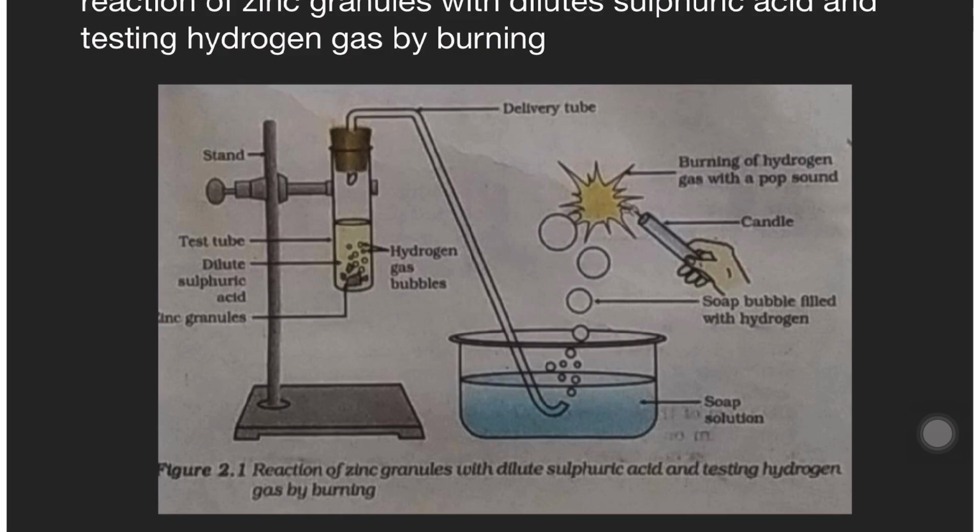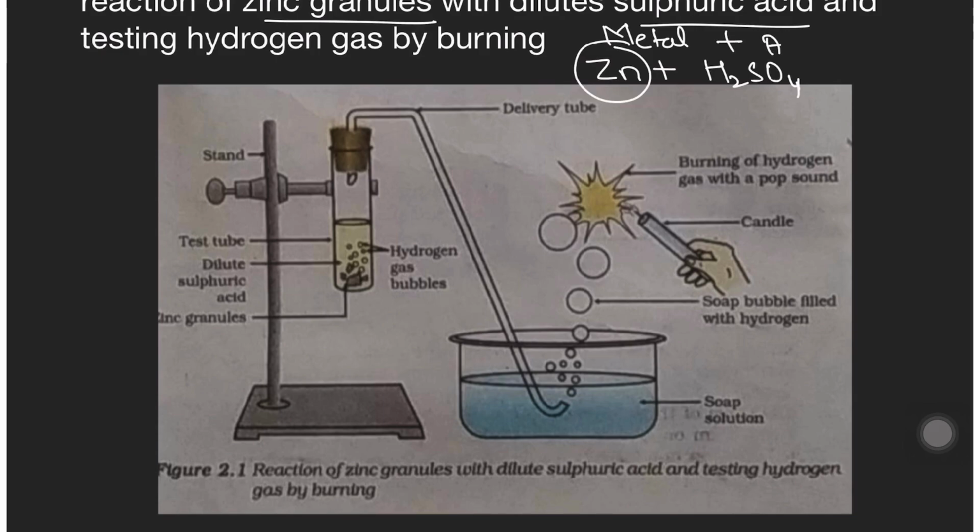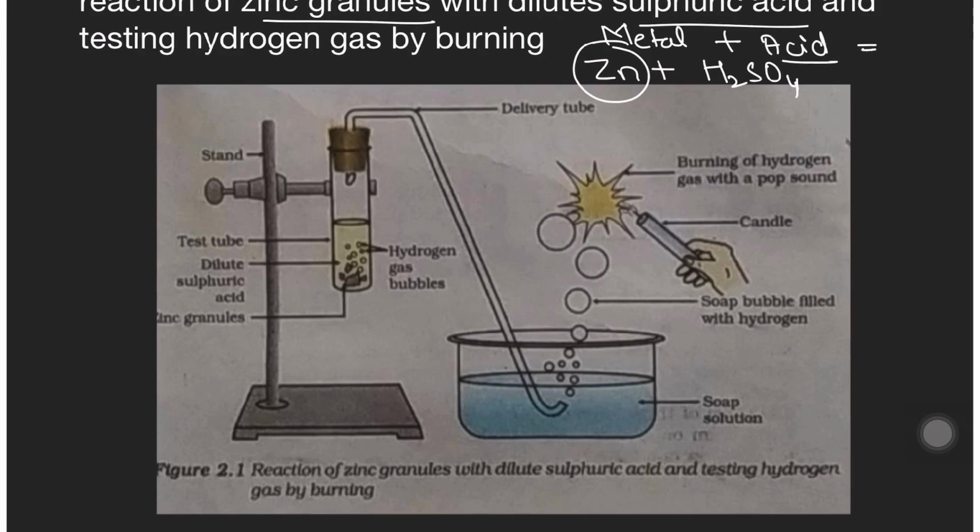Now we have one experiment based on the previous equation. Here we have zinc granules reacting with dilute sulfuric acid. Zinc is a metal. Again, when the metal reacts with the acid, the salt and hydrogen gas are produced. Here are the zinc granules in the sulfuric acid.